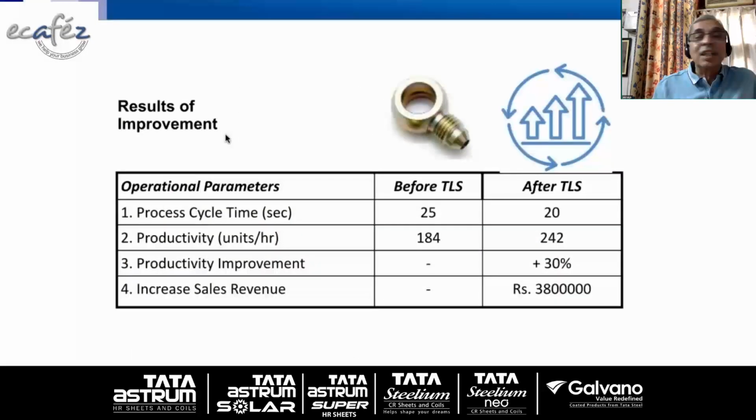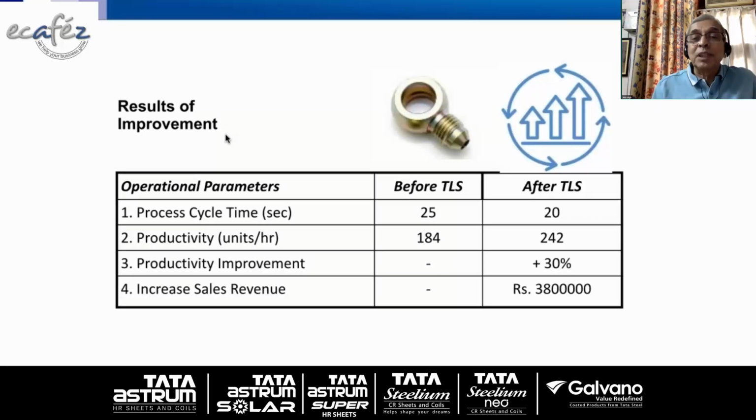So the results of improvement were evaluated. Process cycle time maximum was 25 seconds. After TLS, it was brought down to 20 seconds. Productivity, units per hour, was 184 units per hour, now 242 units per hour.